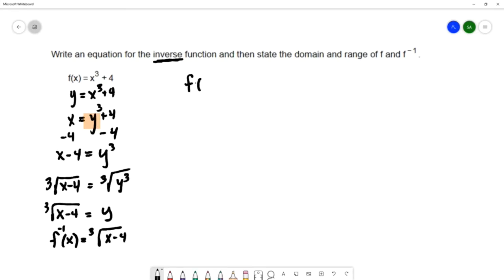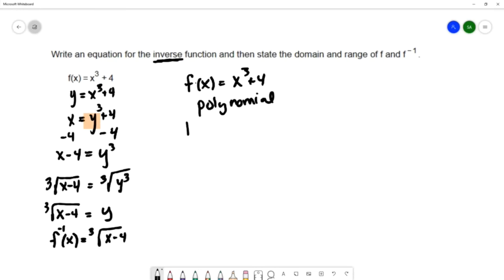So if I look at f of x, that is x cubed plus 4. This type of function is called a polynomial function. And with polynomial functions, there are no restrictions on the domain, meaning that no matter what real number we substitute in, we are going to have a defined y value.